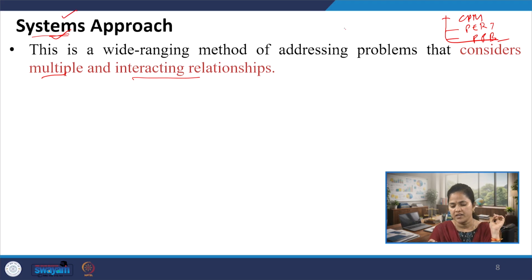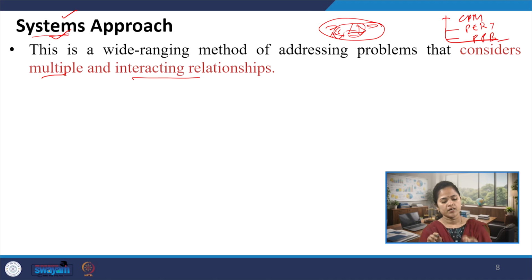There are multiple relationships among the multiple units, and the units which constitute a larger system also interact with each other. If this is the case, then the best approach for monitoring a particular project or policy is the system approach, which can take care of multiple interacting relationships.